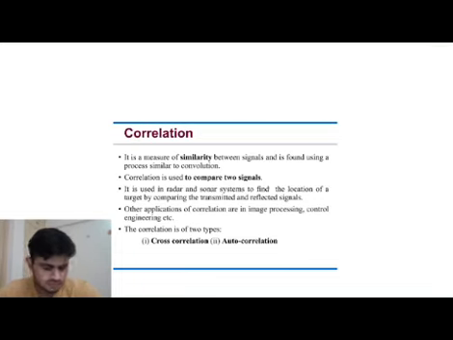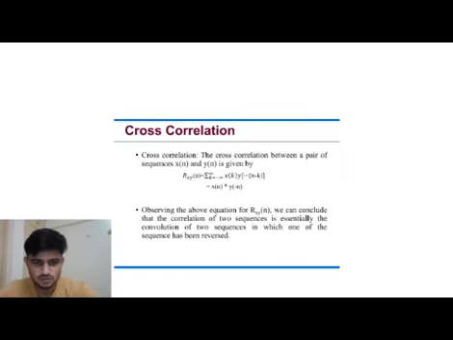Correlation is of two types: cross correlation and autocorrelation. Let's see cross correlation. The correlation between a pair of sequences x(n) and y(n) is given by this equation: r_xy(n) is equal to the summation of x(k) y(minus n plus k), for k from minus infinity to infinity, which results in x(n) convolved with y(minus n).